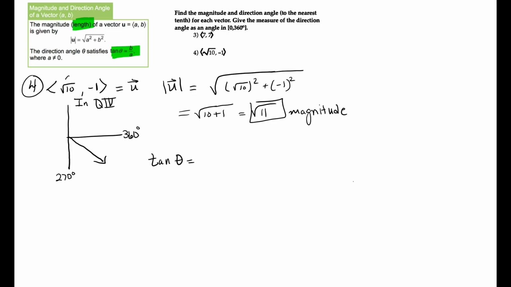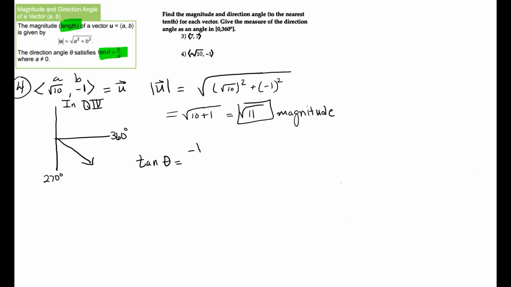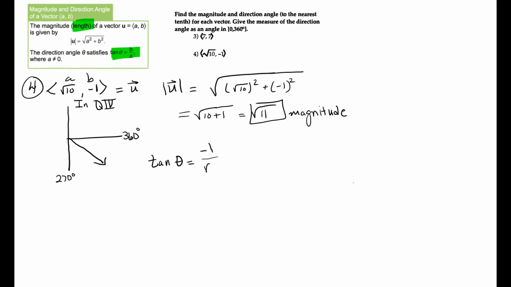In this case, this is a and this is b, so -1 over the square root of 10. On your calculator, you're going to take the tangent inverse of -1 over the square root of 10, and you're going to get something like negative 17.5 degrees. You'll use the calculator for that.